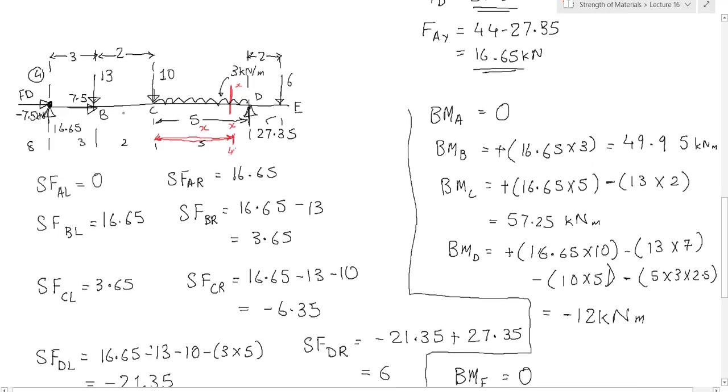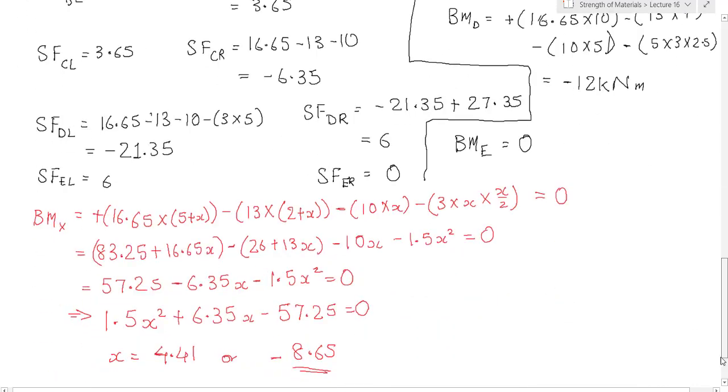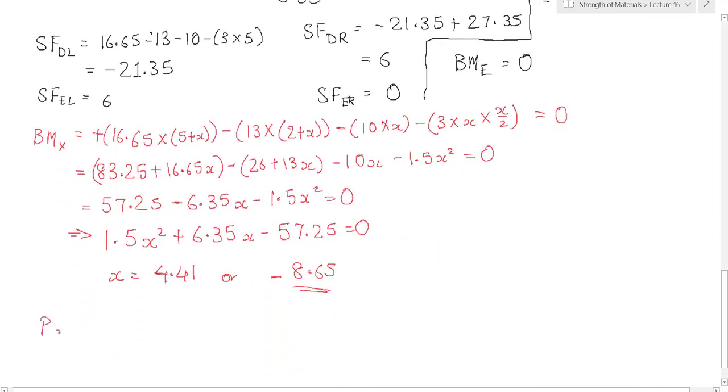It is 3 plus 2, 5, plus 4.41, so 9.41 meters from point A. The point of contraflexure is equal to 9.41 meters from point A, right? So this is how you can solve this sum.